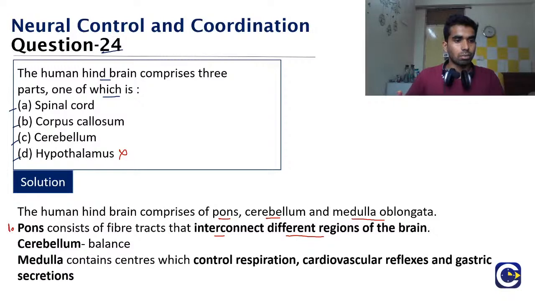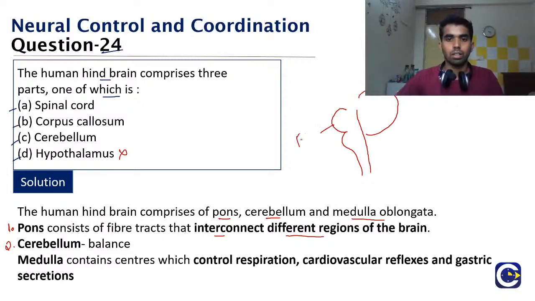See, this is the pons, this is the medulla, and this is the cerebellum, and all these three regions combine to form the hindbrain.